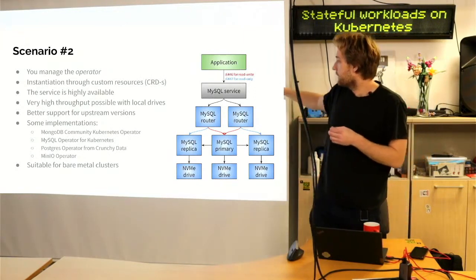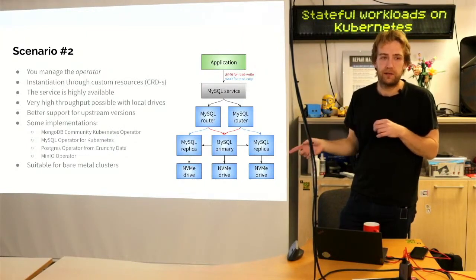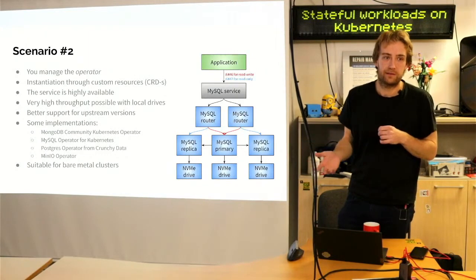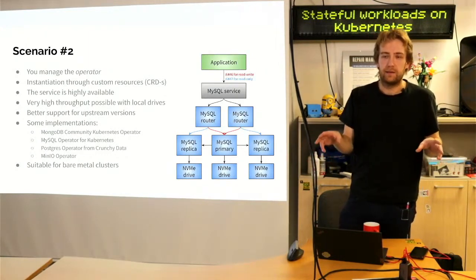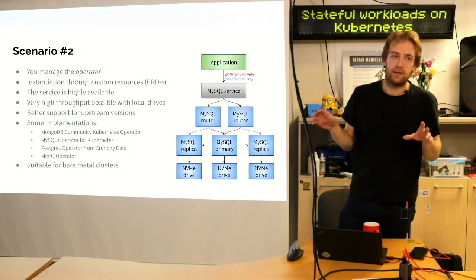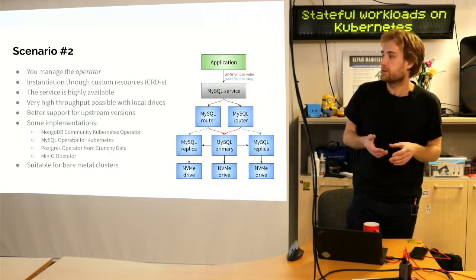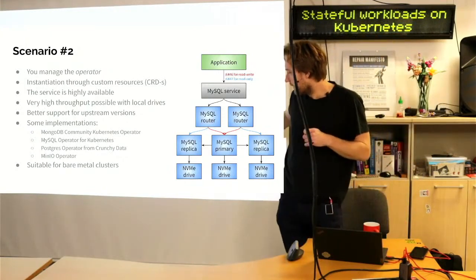And the MySQL router is the one which keeps track of which one is the primary MySQL server, and the primary MySQL server is the one that accepts the writes. All of the other MySQL servers are replicas, meaning that they do not accept any writes. They can maybe only serve reads to load balance the reads. And the replicas are just replicating data from the primary.